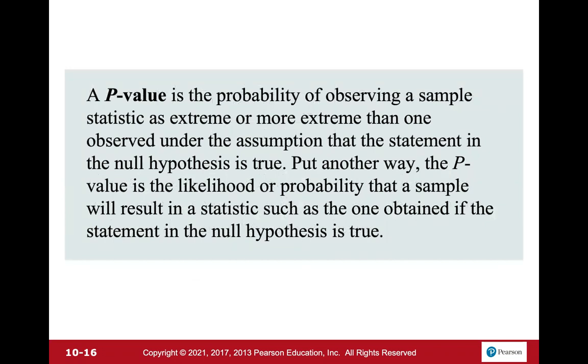Now a p-value is the probability of observing a sample statistic as extreme or more extreme than the one observed under the assumption that the statement in the null hypothesis is true. Put another way, the p-value is like the likelihood or the probability that a sample will result in a statistic such as the one obtained with the statement in the null hypothesis being true.